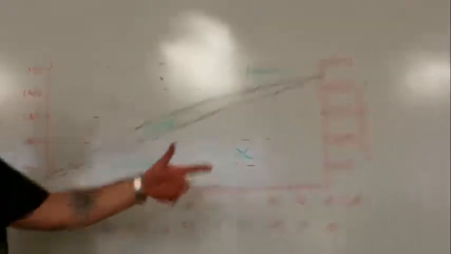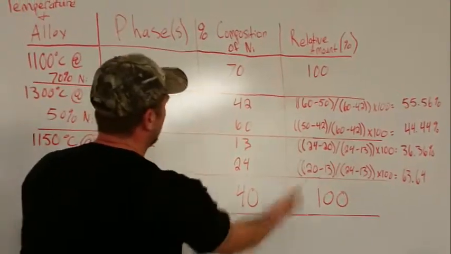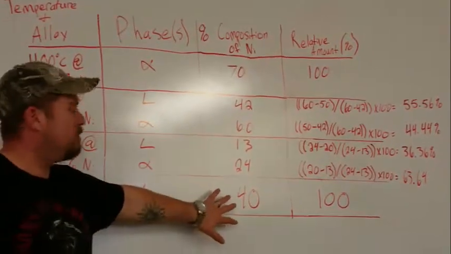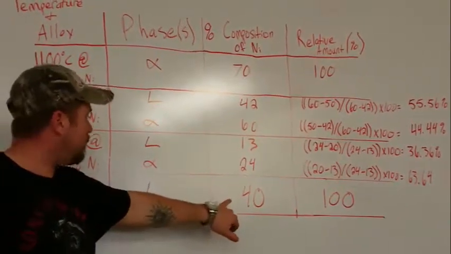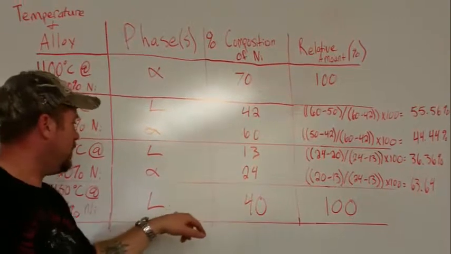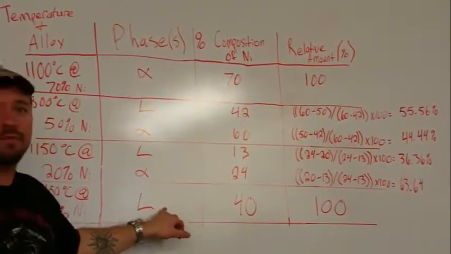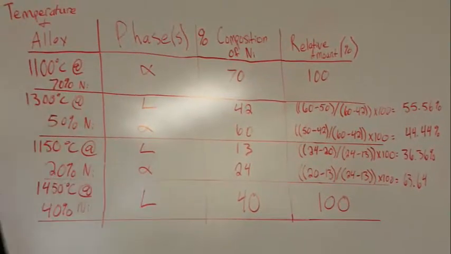So we can easily go right back over to the chart. 40% nickel, 100% relative amount. So that means 40% of this stuff at this temperature, at this composition, is liquid nickel, and the other 60% of the liquid is obviously copper.